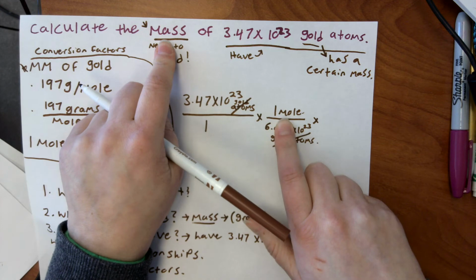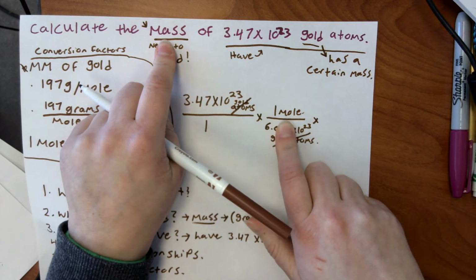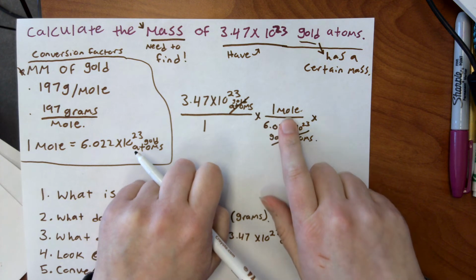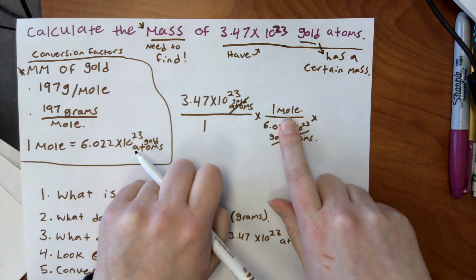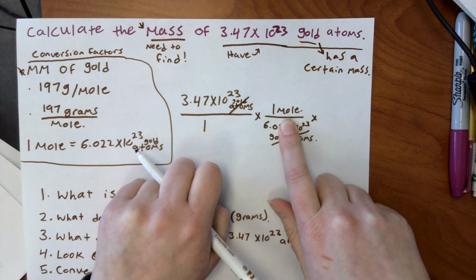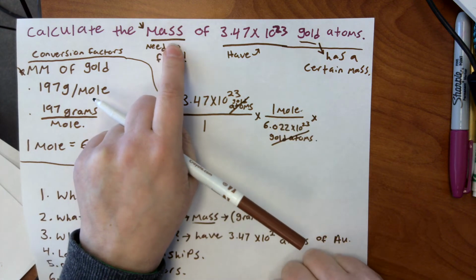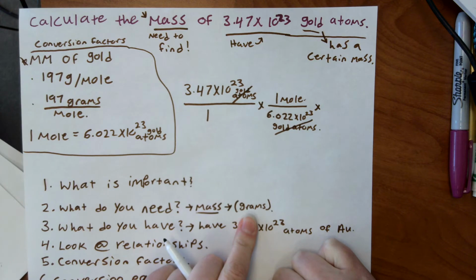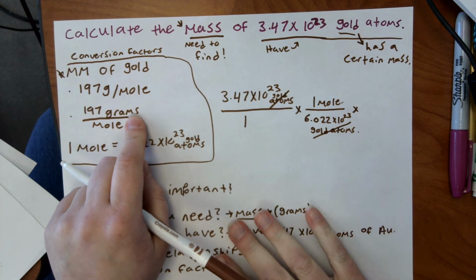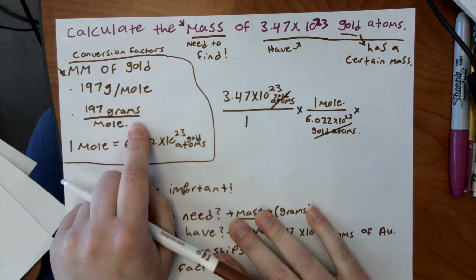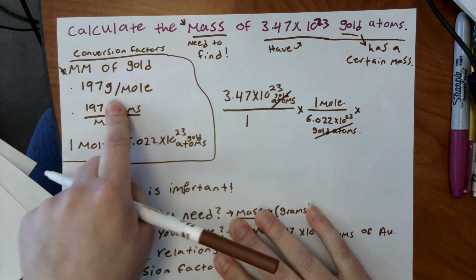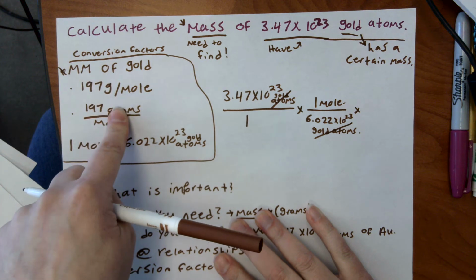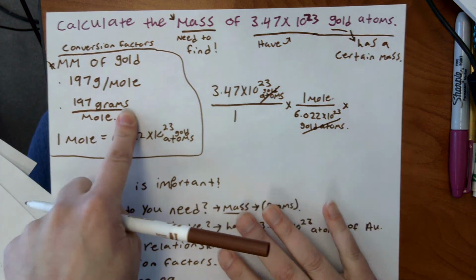Is a mole a mass? No, it is not. So what we have to do is get rid of moles and try and get to grams, or your mass, because we said we have to answer in grams. Well, if we look at our conversion factors, we have one thing that has a mole in it, as well as grams. Well, that's pretty good, isn't it?